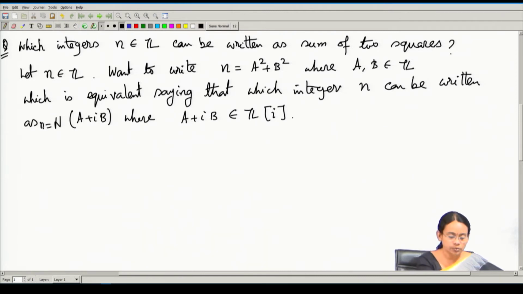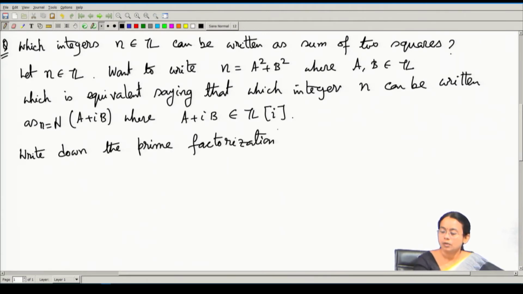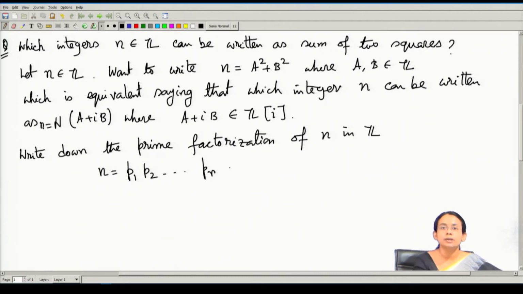So let us try to see what we can do. Write down the prime factorization of this integer n in Z: n equals p1, p2, up to pr. This is a factorization in Z.